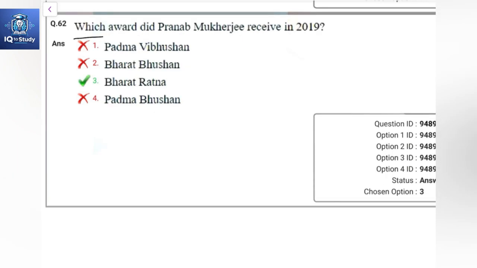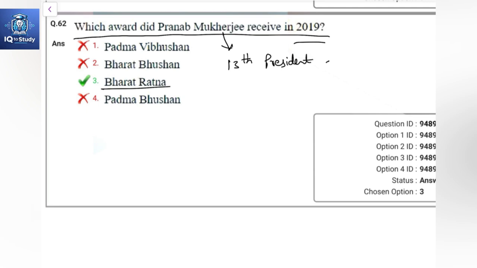Which award did Pranab Mukherjee receive in 2019? Bharat Ratna. Pranab Mukherjee is the 13th President of India, from 2012 to 2017.